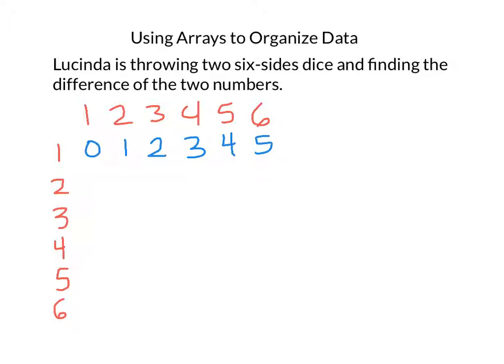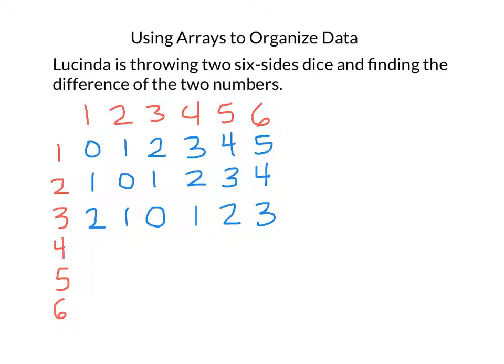And then the difference of 2 and 1 is 1, 2 and 2 is 0, 3 and 2 is 1, then 2, 3, and 4. 3 and 1 there's a difference of 2, 3 and 2 is 1, difference of 3 and 3 is 0, difference of 3 and 4 is 1, 2, and 3. Do you see this pattern?